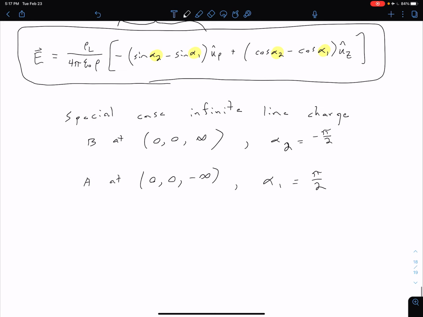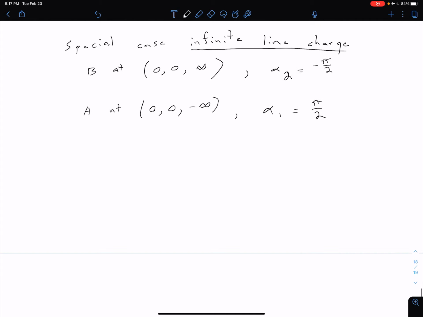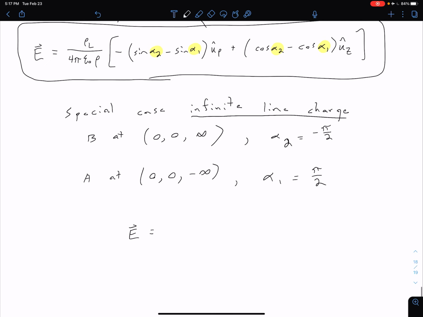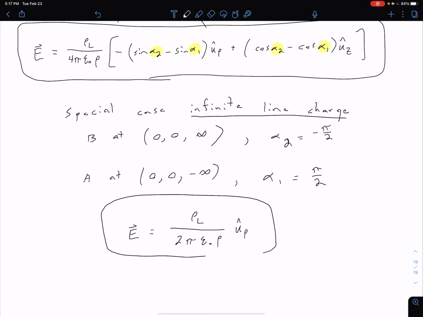So ultimately then, for an infinite line charge along the z-axis, we have that our electric field is equal to, so let me put this on the screen here. We have our rho L, and then we have that 2 divided by 4, so that's just going to become a 2 in the denominator. Our pi, epsilon naught, and rho are preserved there, and that's going to be in our u of rho direction. Okay, so there's our equation, again, for the infinite line charge.